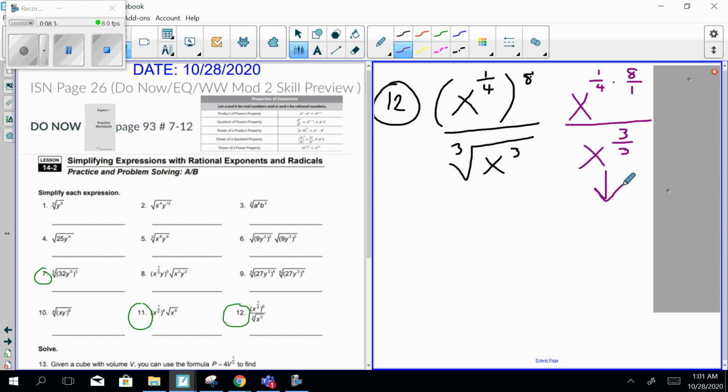So taking the numerator, multiplying across the top and bottom, that's simply going to become x raised to the 8 over 4 power divided by x. 3 divided by 3 is 1. So you're only going to have an x on the bottom. And so let's simplify that. That's x squared, because 8 divided by 4 is 2, over x to the 1st power.